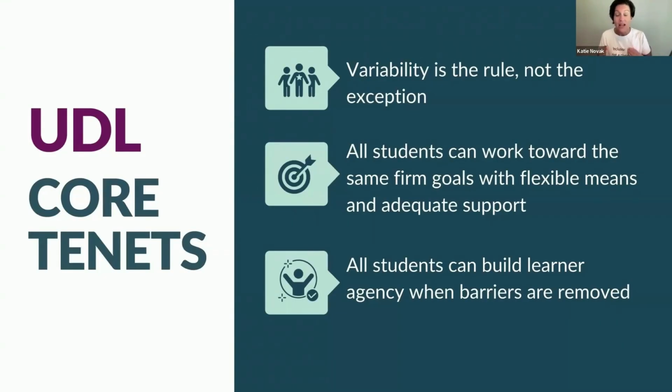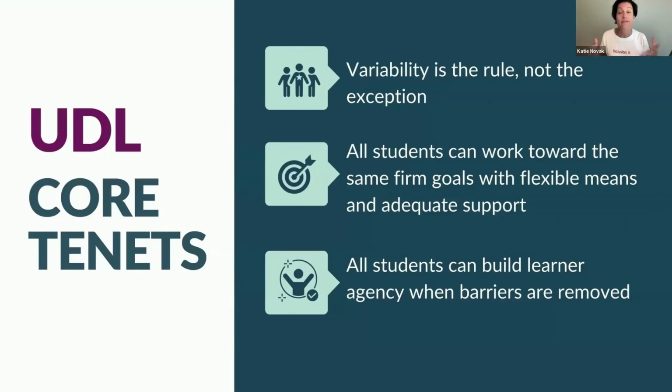And so human variability isn't just that we're different from each other, it's that our needs are changing. I just don't have the power and the privilege to know exactly what you need at this moment. But I do always have the opportunity to say, listen, this is what the firm goals are. This is what is not negotiable.